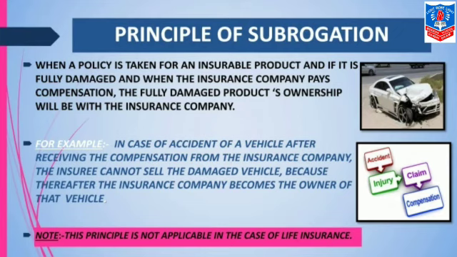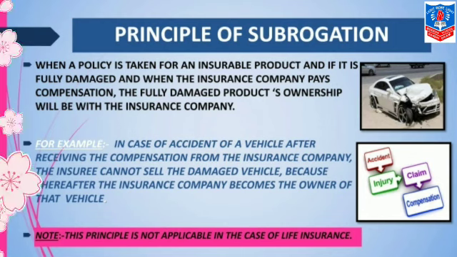For example, in case of accident to a vehicle, after receiving the compensation from the insurance company, the insurer cannot sell the damaged part because thereafter the insurance company becomes the owner of that vehicle. Again, very important note for this principle also, that is, this principle is not applicable in life insurance.